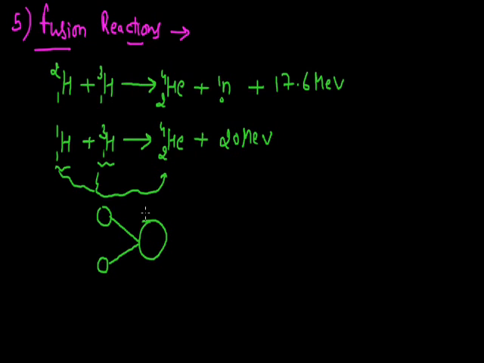And same as nuclear fission, these nuclear fusion reactions are quite important, as we use them in the formation of the hydrogen bomb, and the energy of all the stars, that includes the sun also, is due to nuclear fusion reactions occurring at their surface.